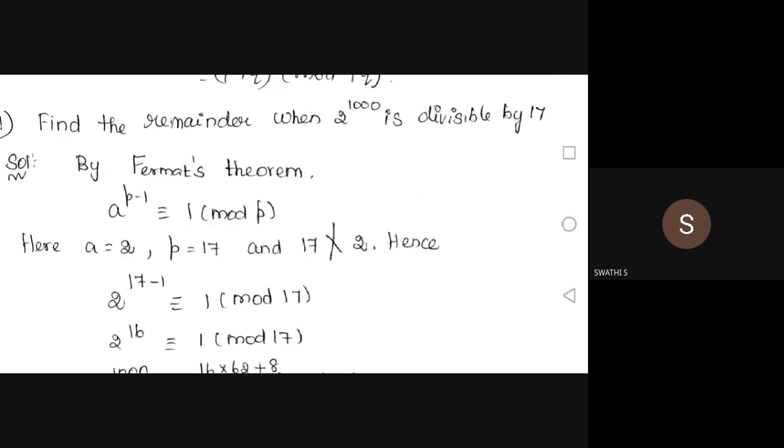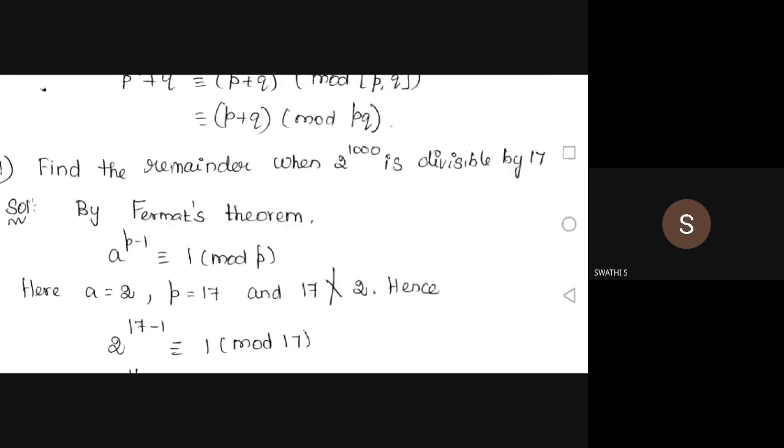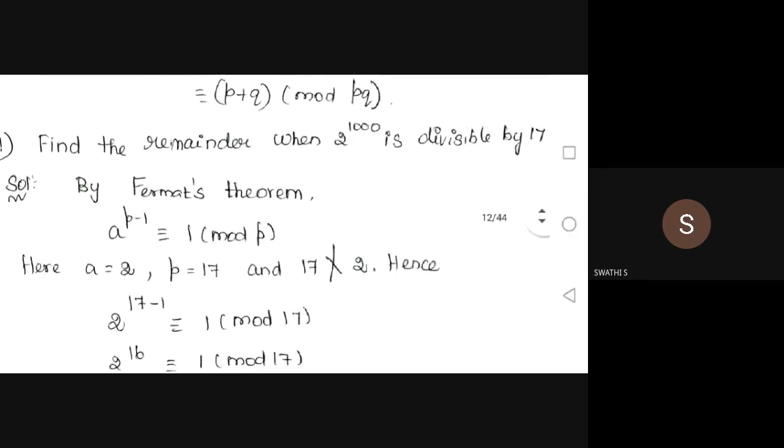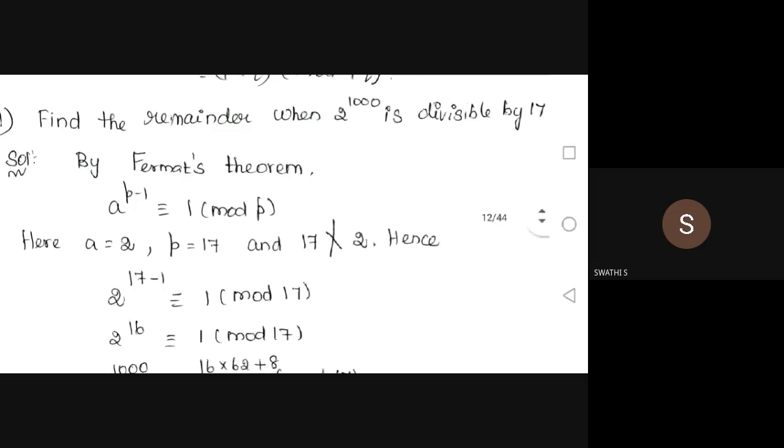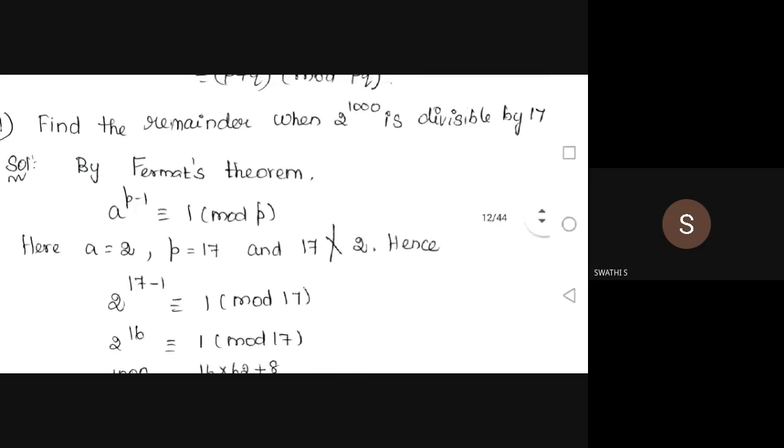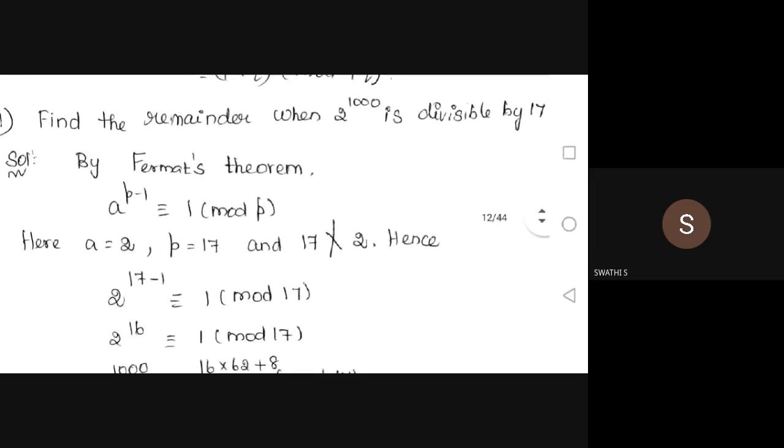Instead of A we have 2, and P is 17. So 17 minus 1 is 16, and 2 power 16 is congruent to 1 mod 17. By using this result, we are going to find the remainder when 2 power 1000 is divided by 17.